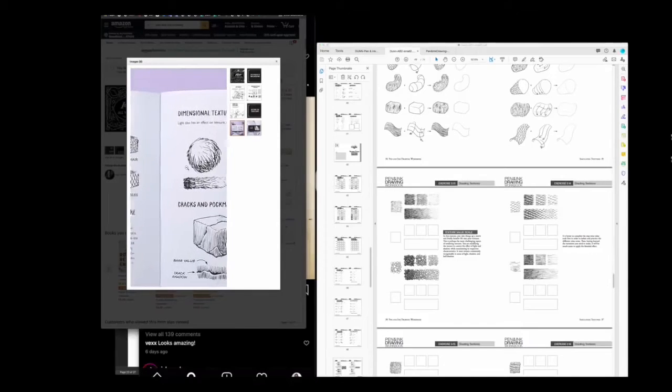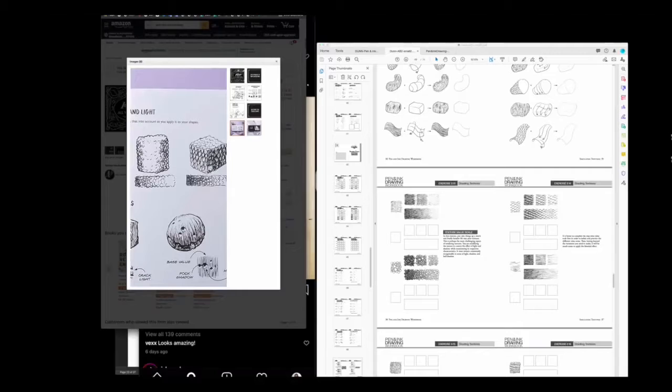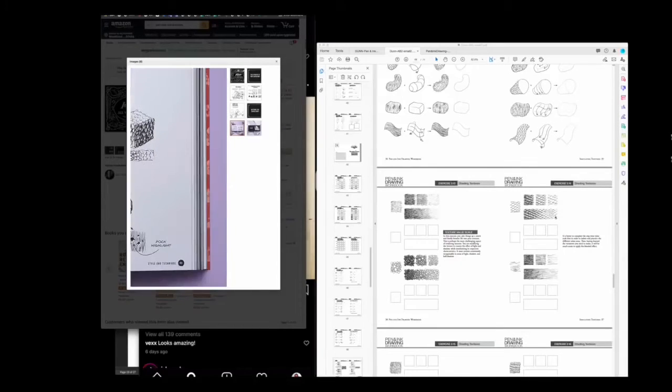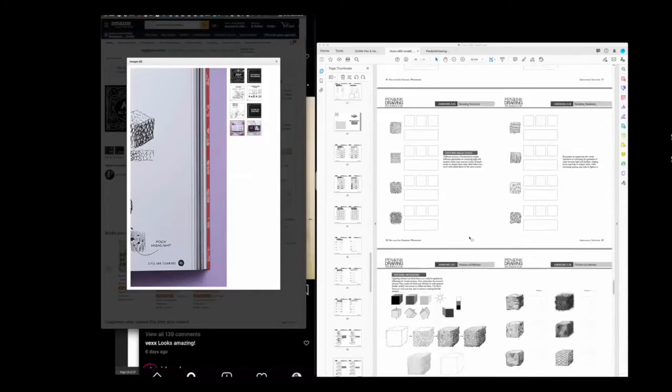So here it is. You can see the scale texture, the bumpy texture, and the fur texture. All right.